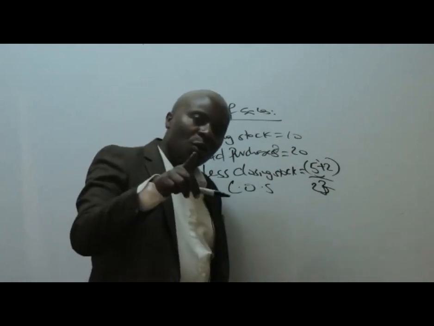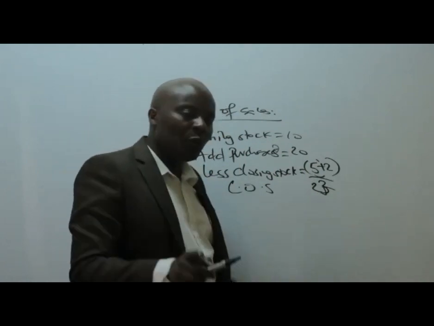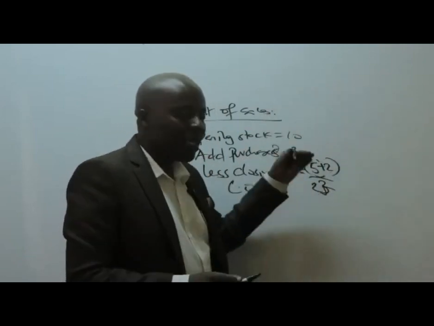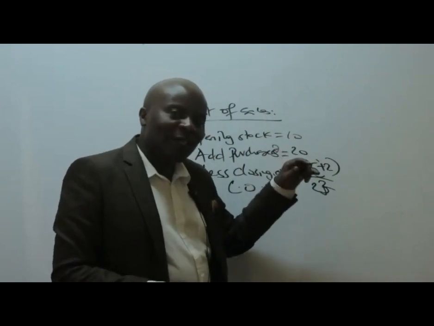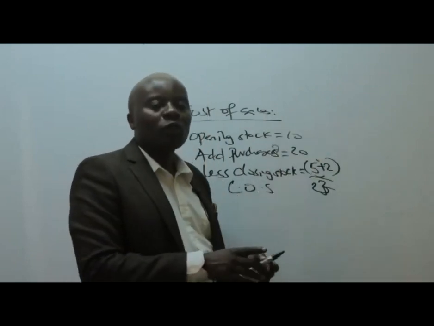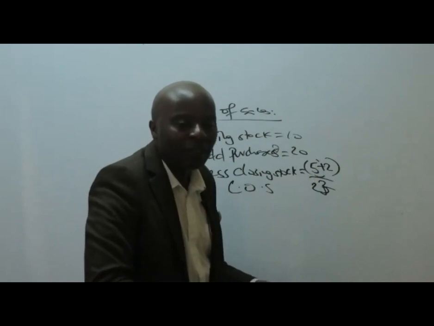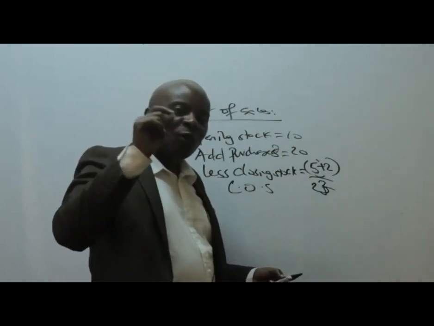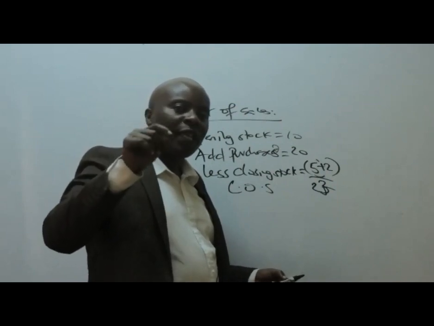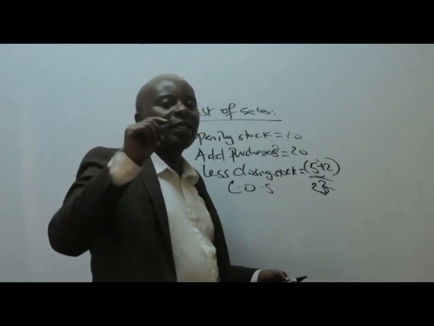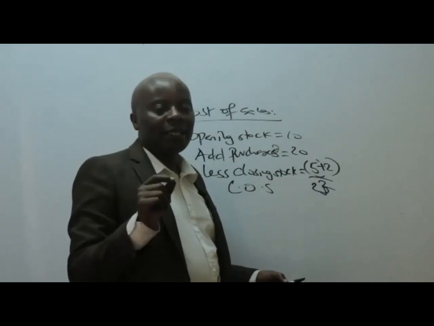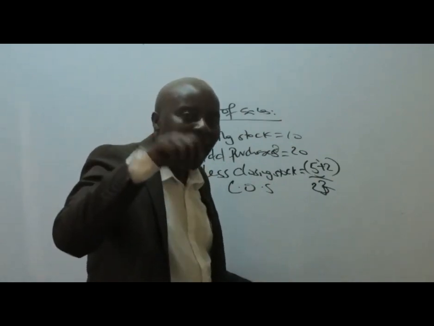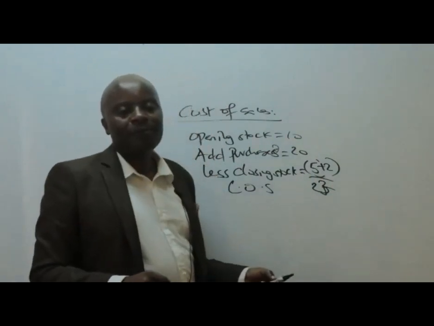Because now we have a closing stock which is overstated, which has got profit inside, the cost of sales is understated. Remember, closing stock, closing inventory, and the cost of sales are inversely related. When you overstate the closing stock, then the cost of sales will be understated.